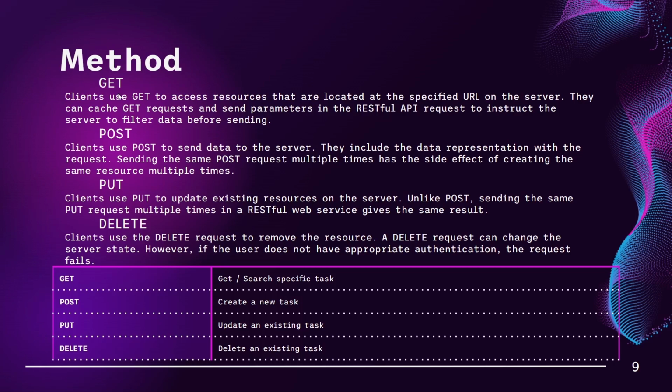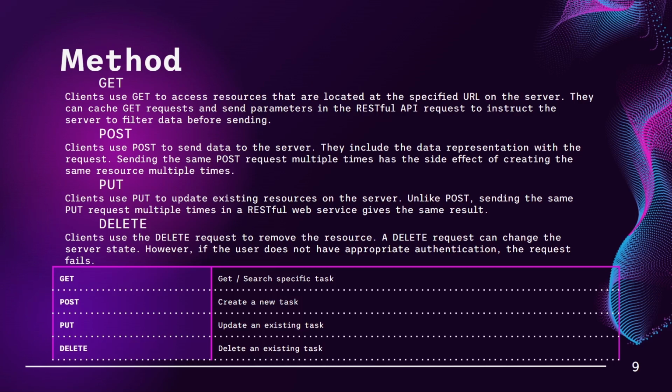We have GET, which clients use to access resources that are located at a specified URL on the server. They can cache GET requests and send parameters in the RESTful API request to instruct the server to filter data before sending it, right? We will see a practical way for this as well later on in this video.